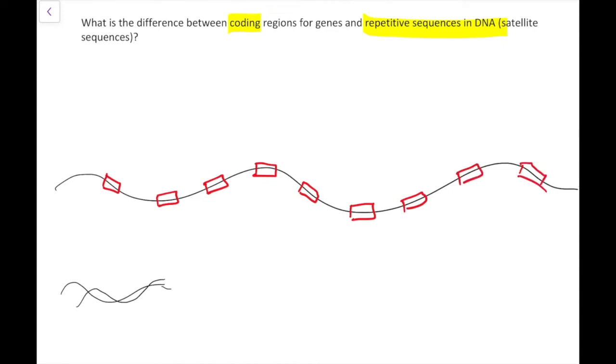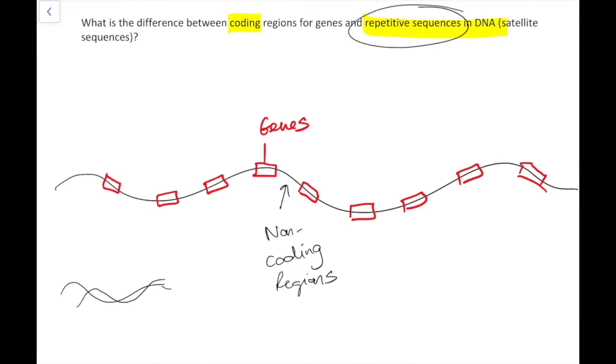And so there are a different number of genes on each chromosome. The longer the chromosome is, the more genes it has, but we also have all these regions in between, and these are non-coding. And these can have repetitive sequences in them, sequences that just repeat. And this is what we can use for DNA fingerprinting, because they're unique to each individual.